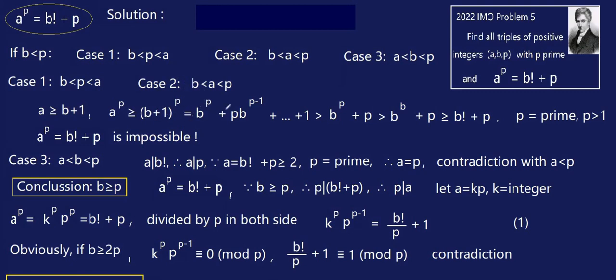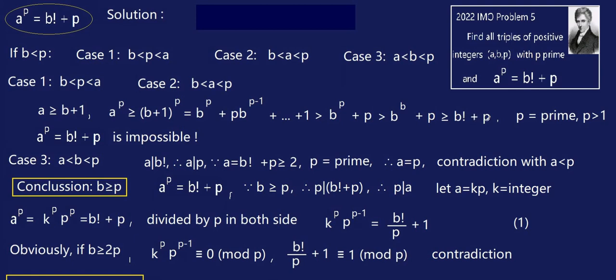And then we break it up, and we get it will be greater than b to the p's power plus p, because p is greater than b. So b to the p's power is greater than b to the b's power. But b to the b's power is greater than b factorial. So it will be greater than b factorial plus p.